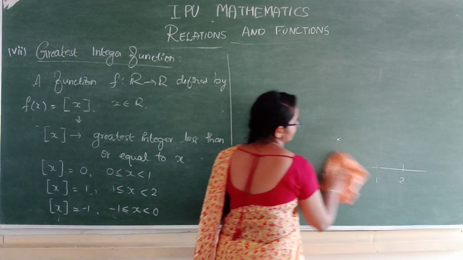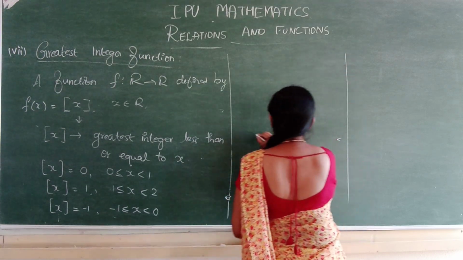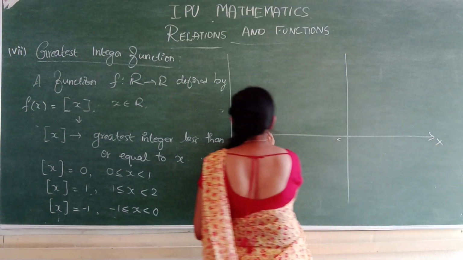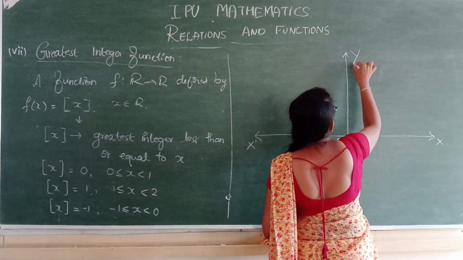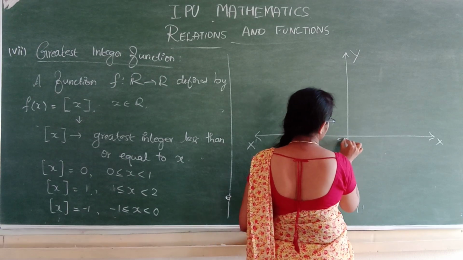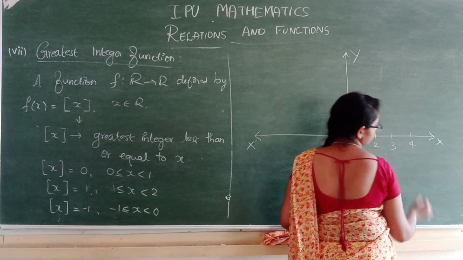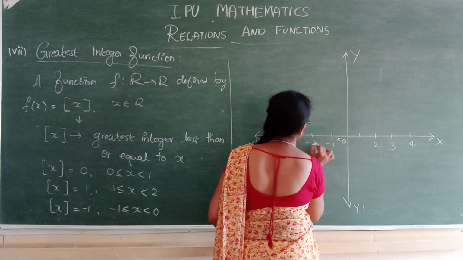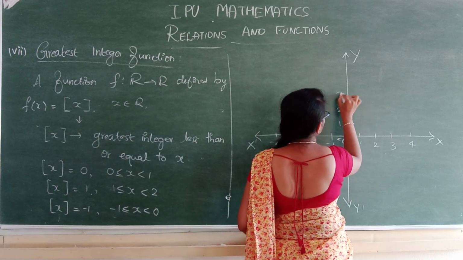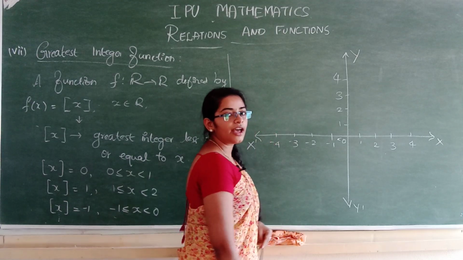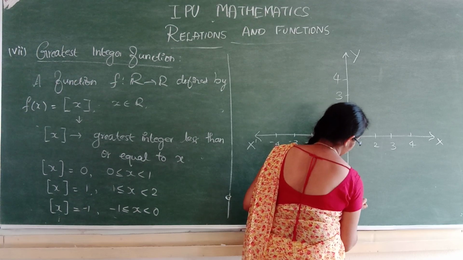We'll have the coordinate axes, x dash, y dash, 0 here, 1, 2, 3, 4, -1, -2, -3, -4, and here 1, 2, 3 and 4, -1, -2, -3 and -4.